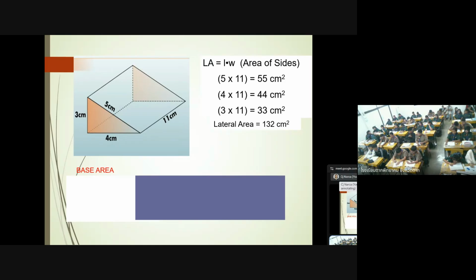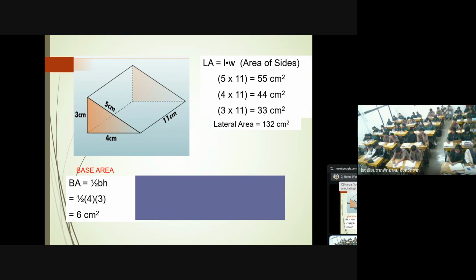Understand? Now, base area. To get the base area, 1/2 base and height. Okay? What is the base in the triangle? 4. And then what is the height? 3. Okay, so therefore, 4 times 3 is 12. But that multiplied by 1/2, therefore we have 6.